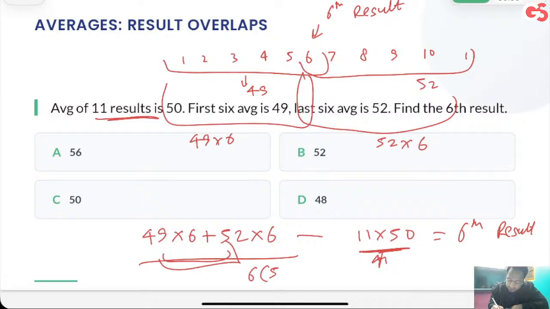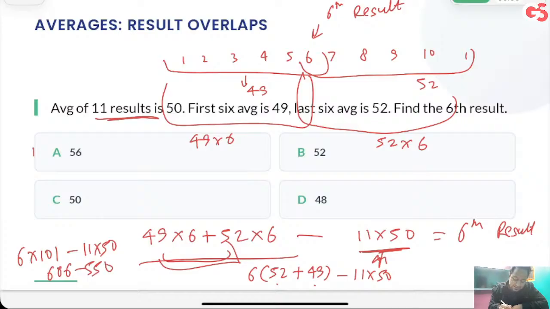Okay, so to solve this, let's take 6 common. I'll get 52 plus 49 here. This is minus 11 into 50. Let's calculate that. 52 plus 49 कितना होता है? 92 और 101 होता है. So 6 into 101 minus 11 into 50. So 606 minus 550 is 56. That is the answer.